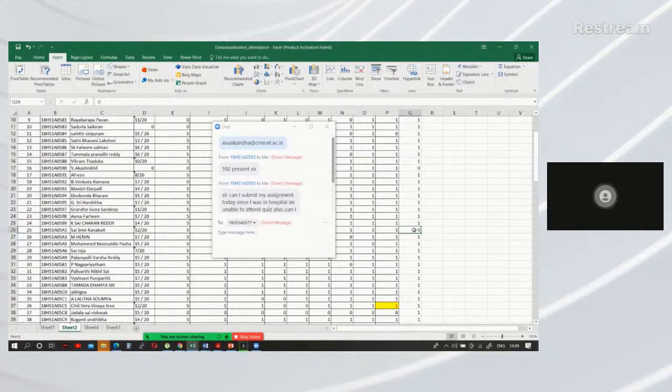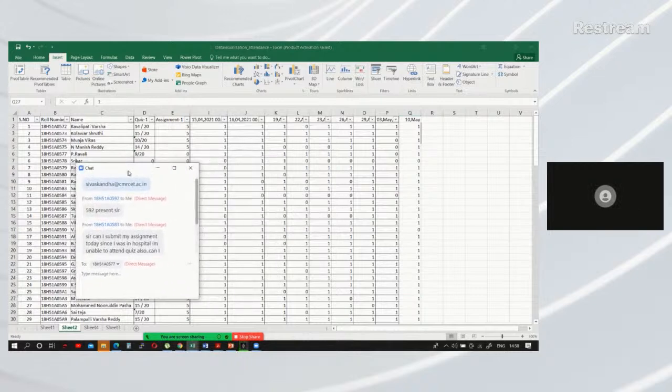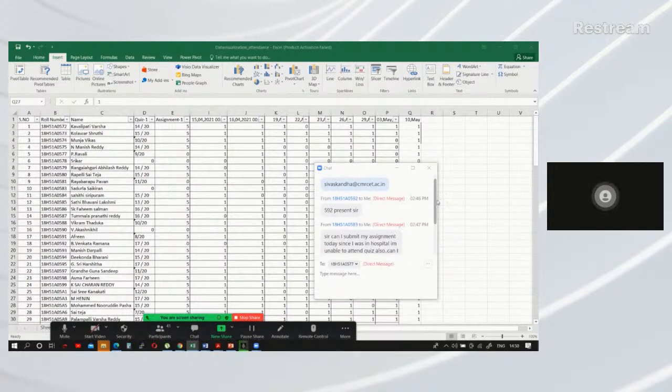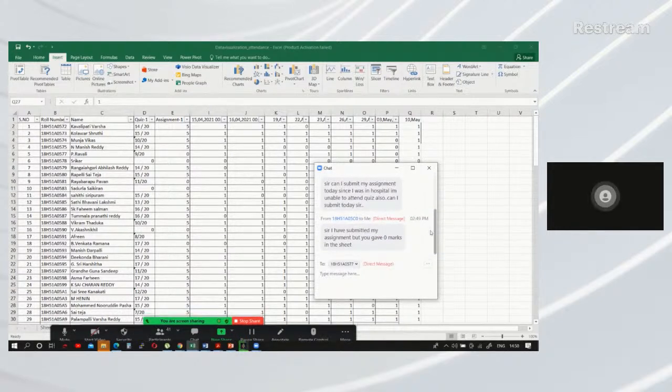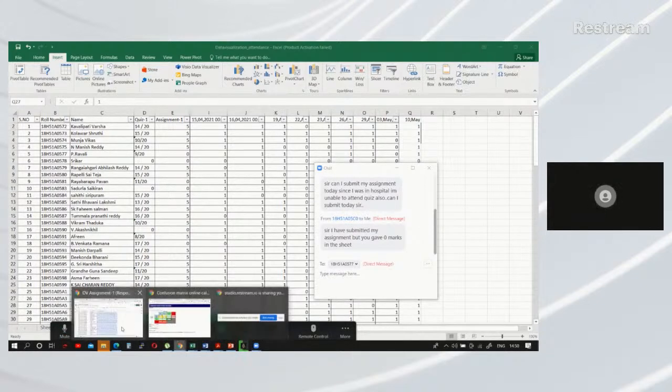Okay. Sir, yeah, I sent you mail, sir. 577. You sent a mail? Yes. Okay, ma'am. And somebody is saying 5C not. Okay, let me check 5C not once.